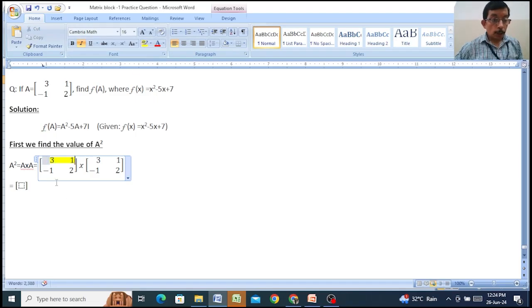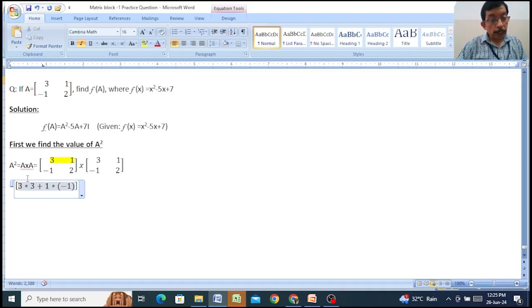First row multiplied by the first column, then 3 multiply by 3. After the addition, we take the second element, 1 multiply minus 1. The first row, first column element multiplication is complete.